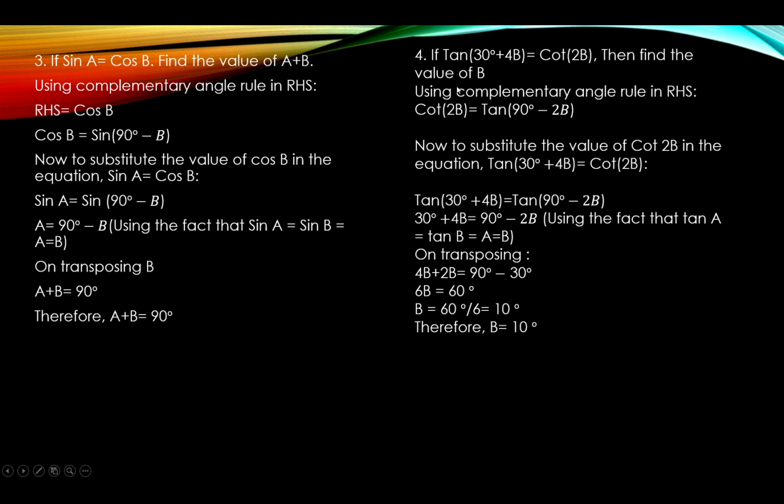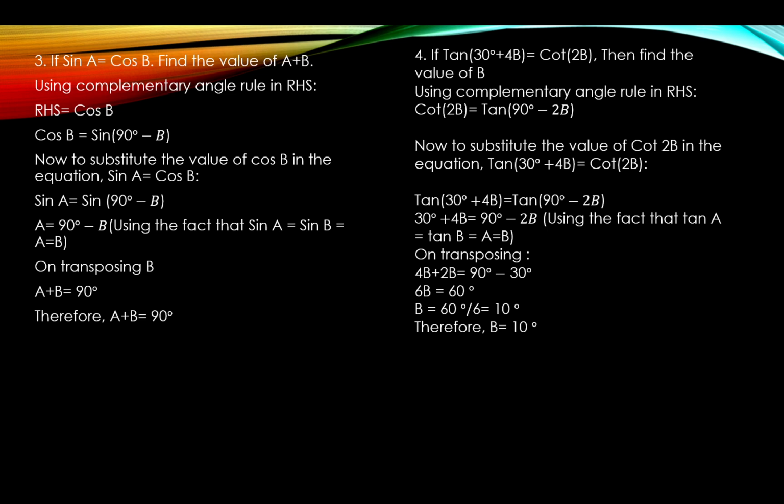Question number 4. If tan (30 plus 4b) is equal to cot 2b, find the value of b. Using the complementary angle rule on the RHS, cot 2b is equal to tan (90 minus 2b).